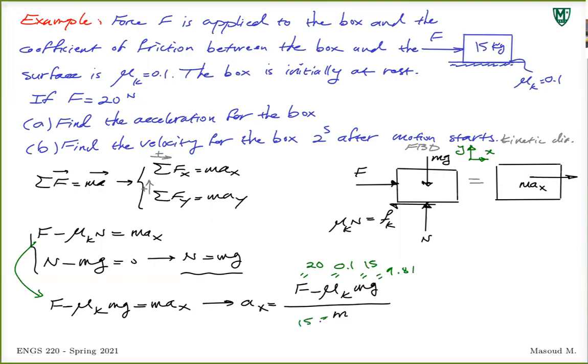And M again is 15 kilogram. From here, you can find your acceleration AX. You'll get the number 0.352 meter per second squared. This is your acceleration. This is part A.